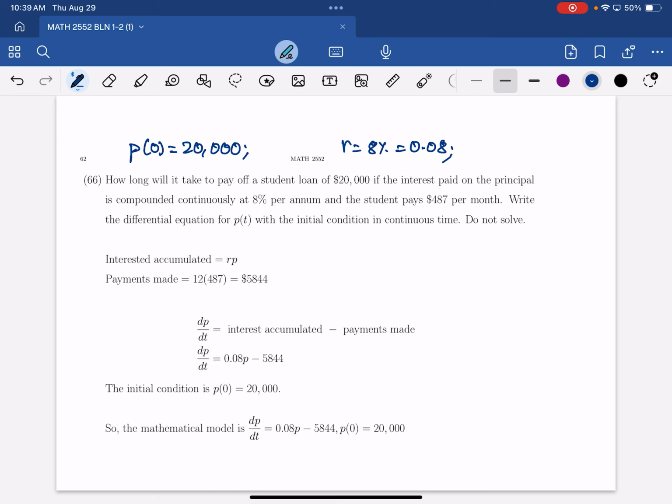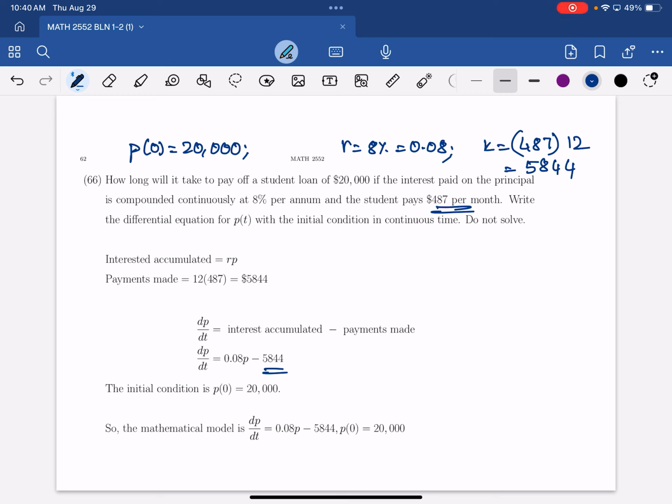And you're making a payment of $487 per month, so that's 487 times 12, and I evaluated that already, so that's $5,844 per year. Do you agree with me on that? Yes or no?